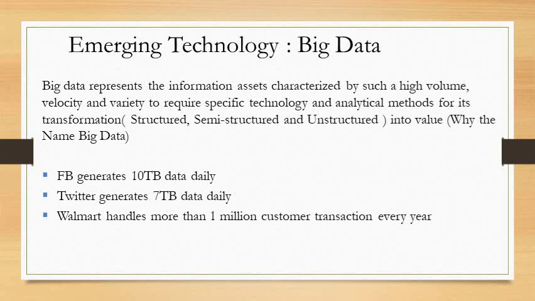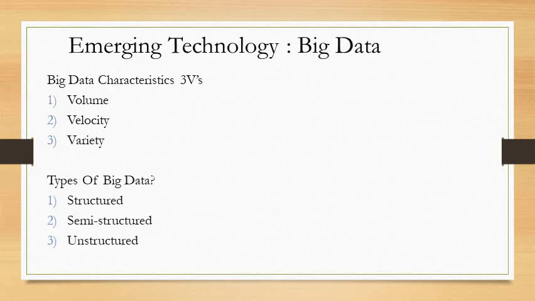All these trends show that data has always been handled, but now the volume and the different types have increased so much that this data has been named big data. Big data has three characteristics: volume, velocity and variety. And there are three types of big data, which are called structured, semi-structured and unstructured.